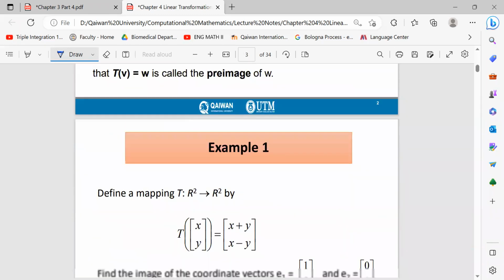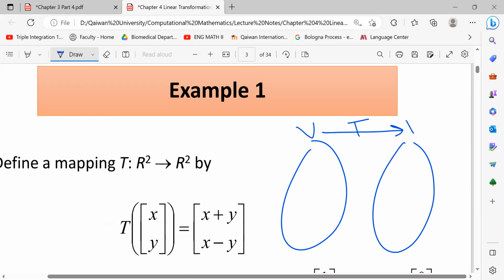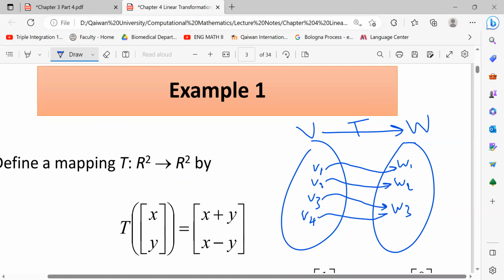Let me explain it in a diagram. If we have T from V to W, let's say we have V1, V2, V3, V4, so 4 vectors in V, and let's say W1, W2, W3. We say T of V1 is W1, T of V2 is W2, T of V3 is W3, and T of V4 is W3.